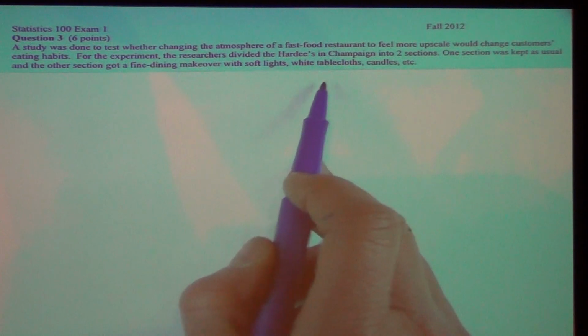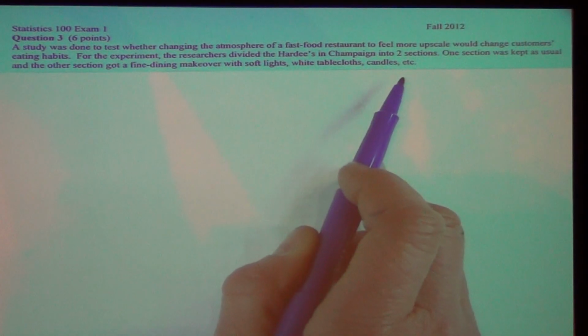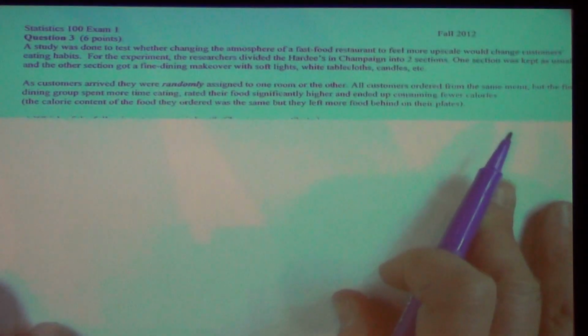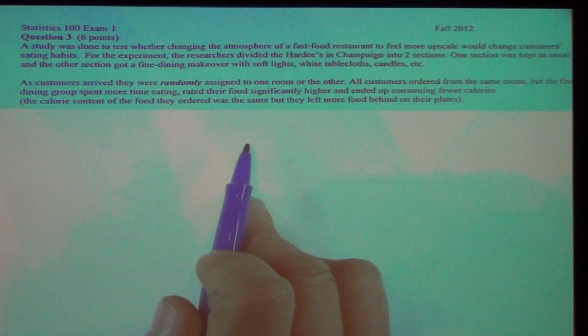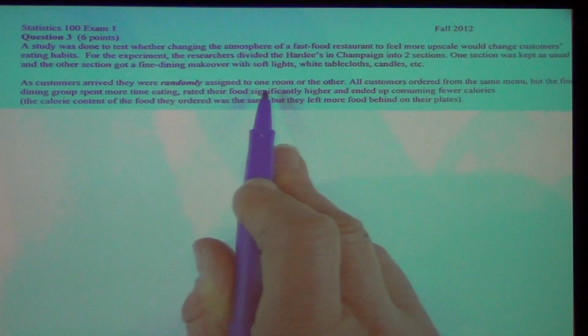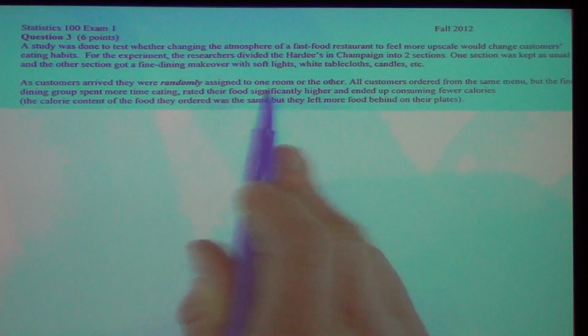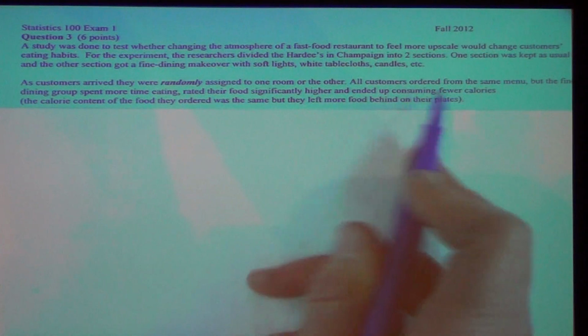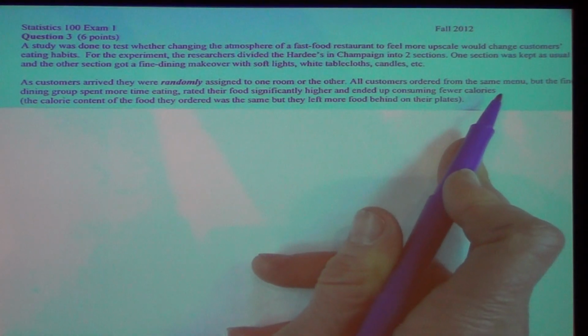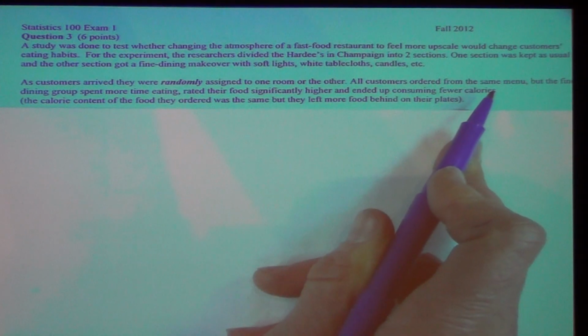Soft lights, white tablecloths, candles, etc. What they want to see is whether changing it is going to change people's behavior. Now, is it randomized or not? Let's see what happens. As customers arrived, they were randomly assigned to either the fine dining room or the regular room. And all the customers ordered from the same menu. They didn't have fancier food or anything.